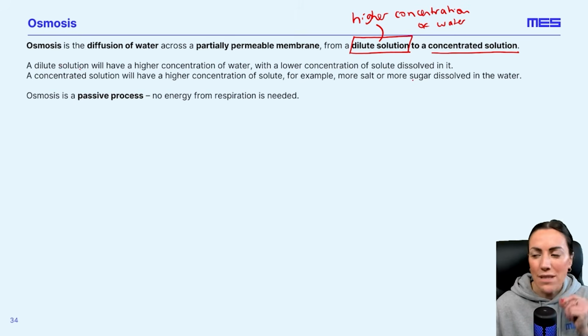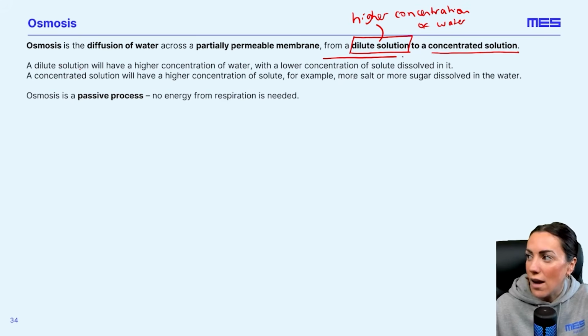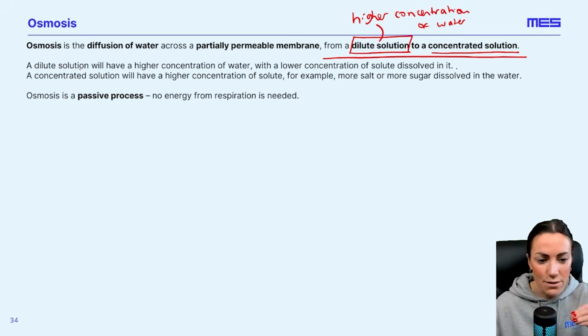So it's the same as saying water is diffusing from a higher concentration of water to a lower concentration of water, or from a dilute solution to a concentrated solution. Just really simple. It's going to go from where there's more water to where there's less water, okay? But try to use these words in the exam, from a dilute solution to a concentrated solution.